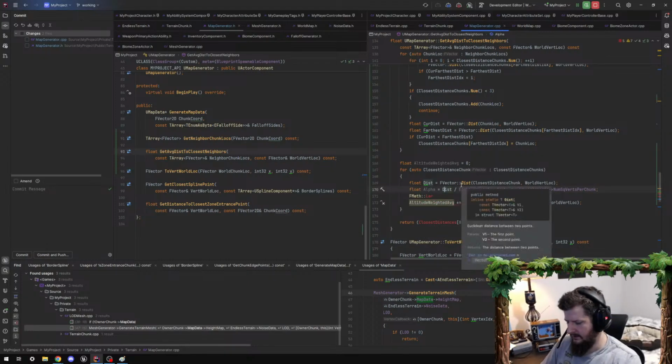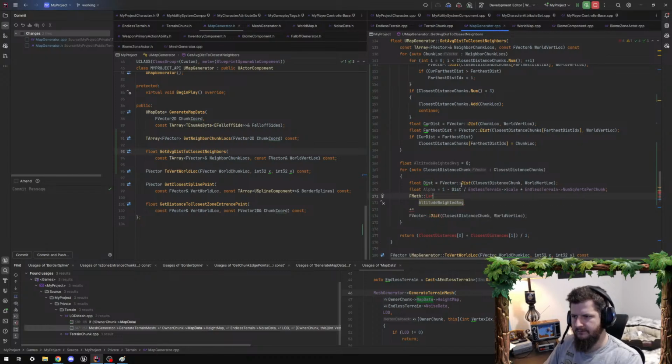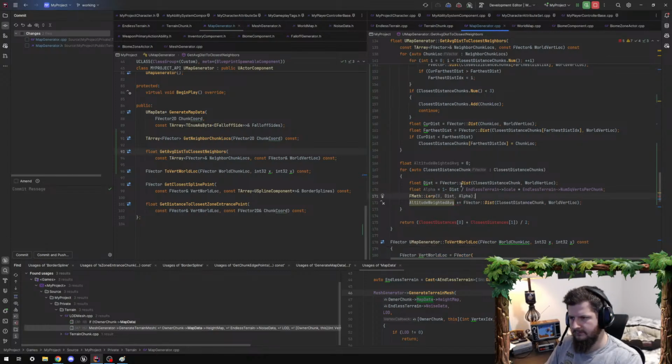This should be a 1 minus. And I should be lerping between 0 and whatever this closest distance chunk's altitude is, which should be in the biome component.